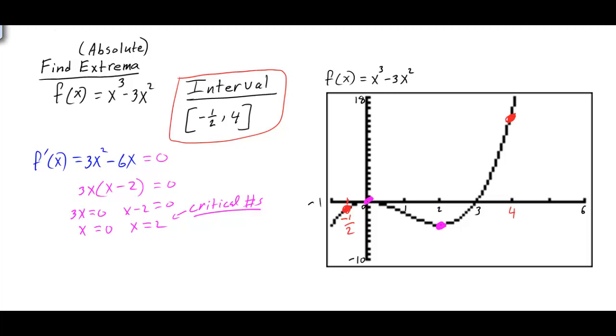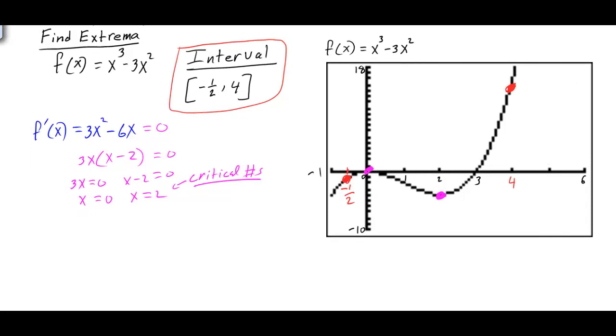Now, we're looking at finding the absolute extrema, but only within the interval from -1/2 to 4. So I've marked off -1/2 to 4, and we have a solid dot on both endpoints because it's a closed interval. So we want to determine where we will have a maximum point and a minimum point.